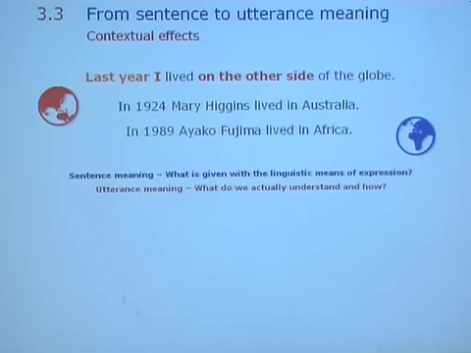So to figure out the time reference and the person, speaker reference and the place reference, you need to have access to the situation in which this sentence was uttered. You need contextual information.